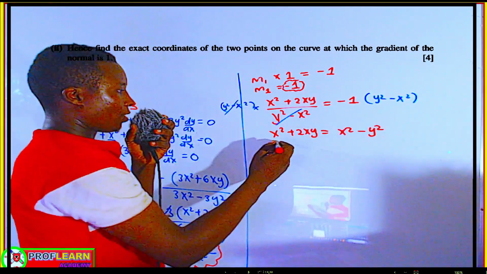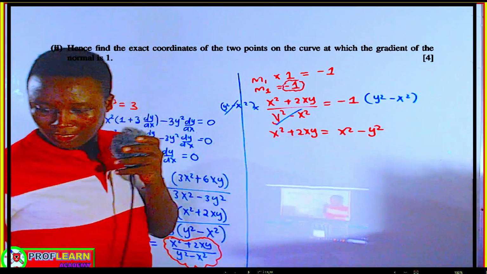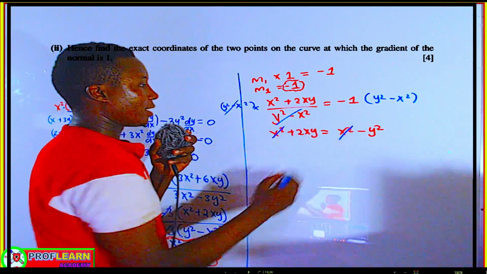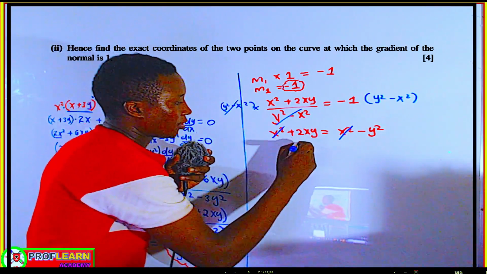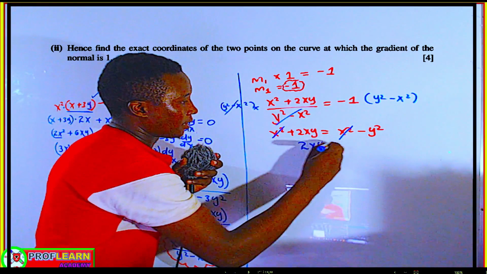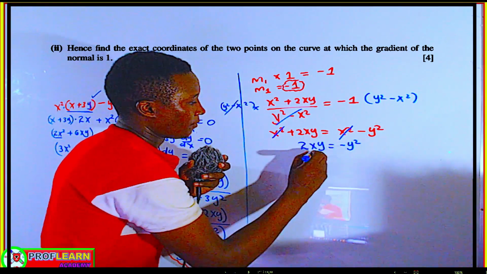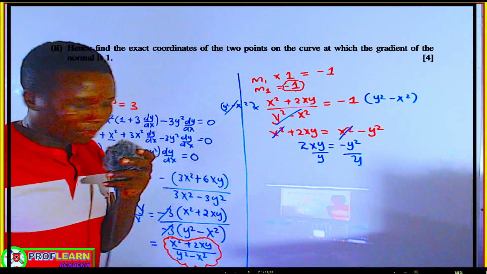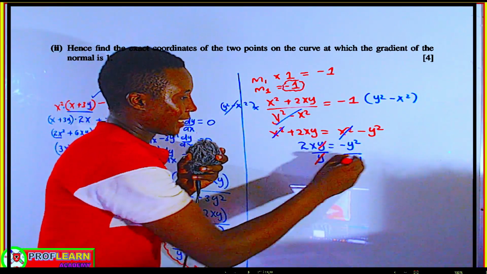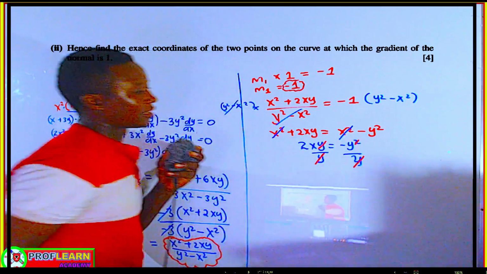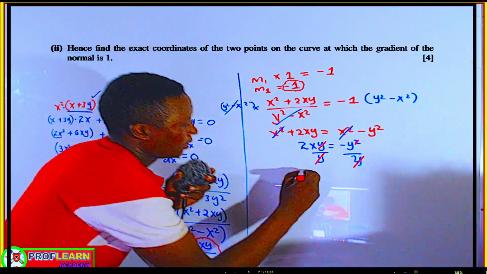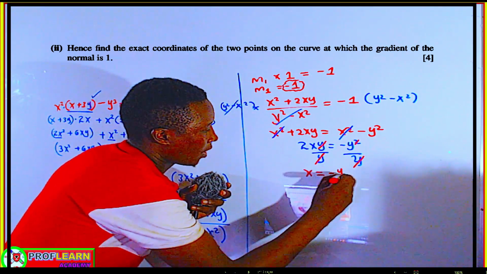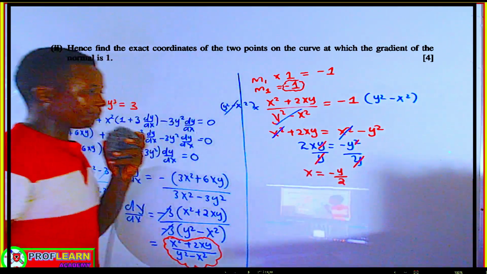You can see now that x squared and x squared are going to cancel out, and we remain with 2xy equals -y squared. If we divide both sides by y, the y's cancel out and that power becomes 1, and therefore we have x equal to -y over 2.